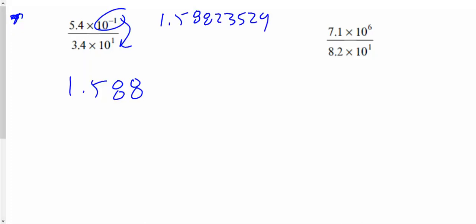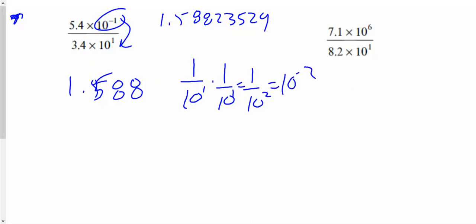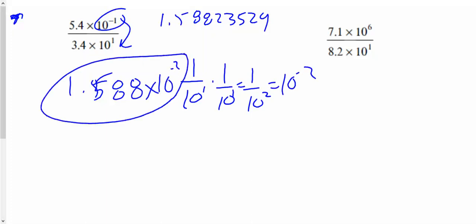So we'll go to the thousandths for this problem. And then I have 1 over 10 to the first times 1 over 10 to the first, which is 1 over 10 to the second, which is 10 to the negative second. So times 10 to the negative second. This one's nice because the number's between 1 and 10. It's annoying when the number's not between 1 and 10, and you have to switch it.